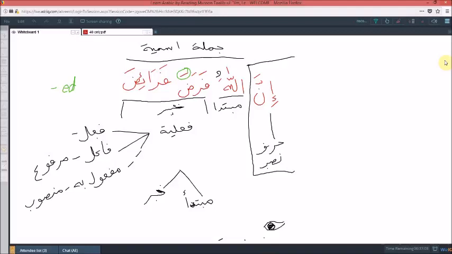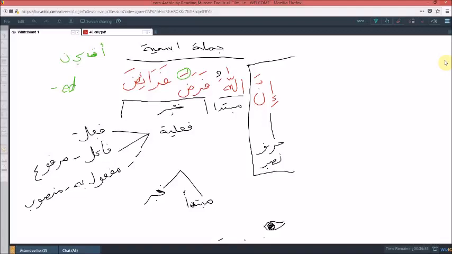A present tense verb is going to begin with the alif, the ta, the ya, or the noon. We said yesterday inside of an-Nawawi, no doubt a present tense verb must begin with one of these. Right?